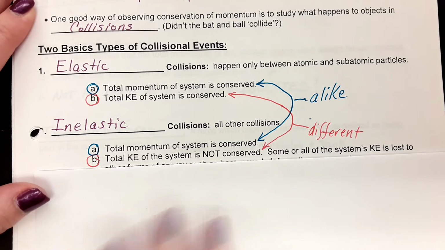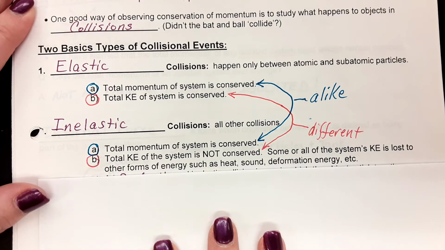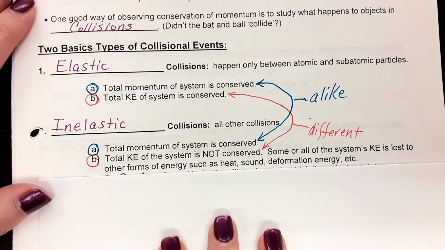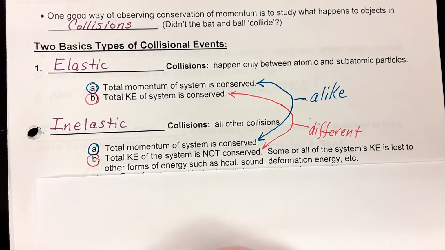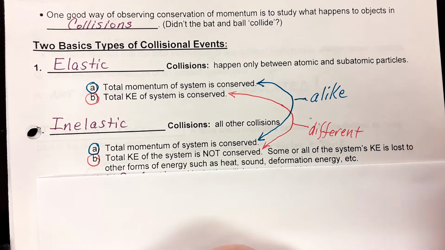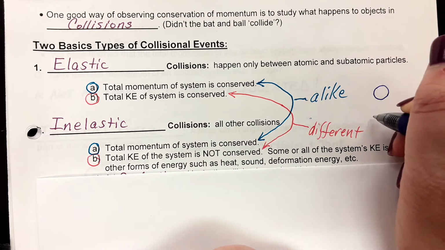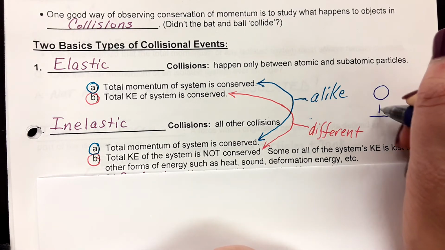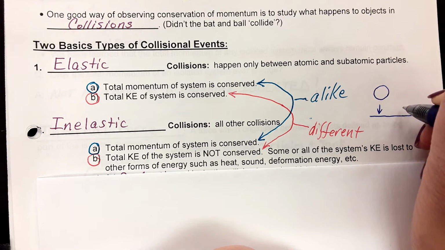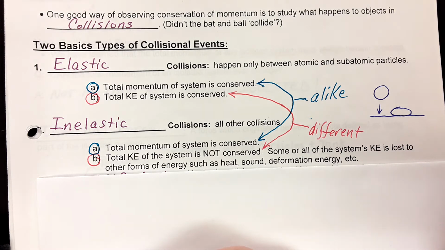If you've ever seen a slow motion video of a basketball hitting a floor, it doesn't actually keep its shape when it hits the floor. A basketball is round. So when it hits the floor, because it's made of a rubber-like material, it actually flattens out when it hits the ground. It deforms.